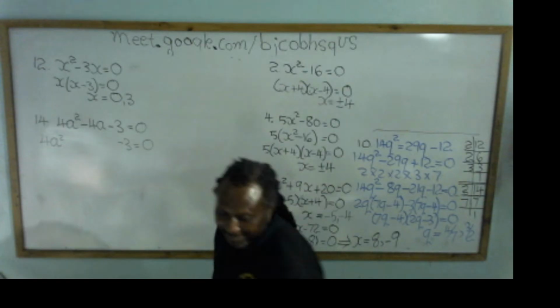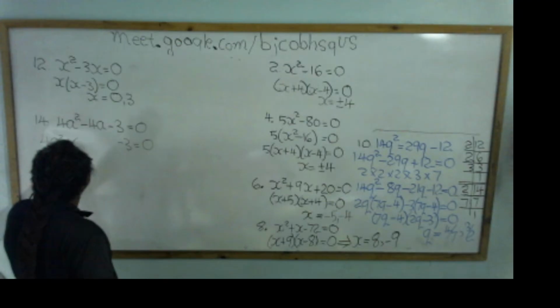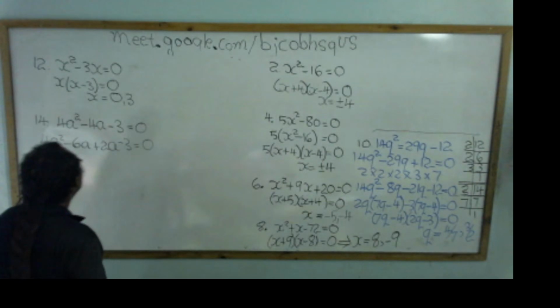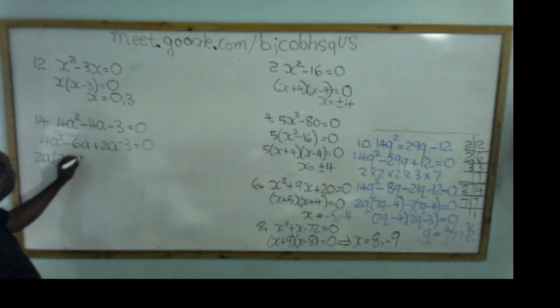Just in case the brains are shut down, negative 6a plus 2a. And what's common in the first two? 2a. 2 into 4 is 2. a into a squared is a. 2 into 6 is 3, and the a's will cancel. A positive sign.